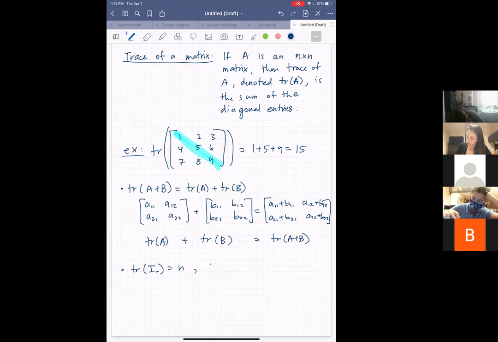And the trace of the zero matrix is just 0. Also, trace is only defined for square matrices, because a square matrix has a main diagonal.